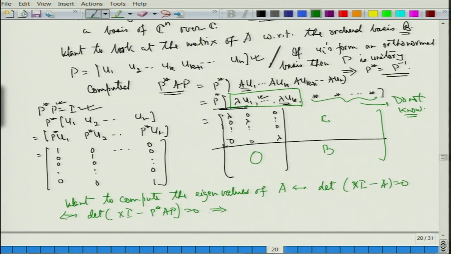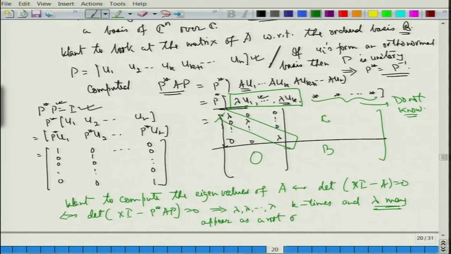This will again imply that these lambdas will give you lambda, lambda, lambda, k times, and lambda may appear, I am not sure what will happen, but lambda may appear as a root of the determinant of xi minus B equal to 0, all right, fine.